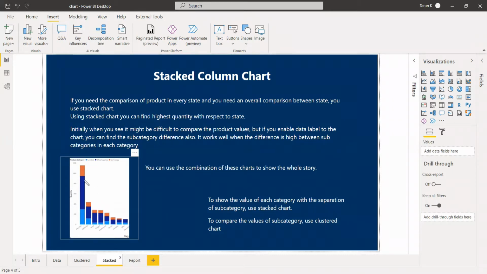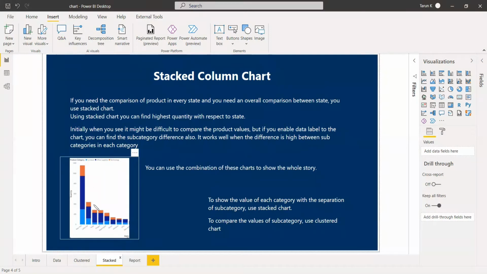Initially, when you see this chart, it is difficult to find out the difference between the subcategory, that is difference between the product in each state. But if you enable the data label in this chart, you can see the difference between the product categories also.